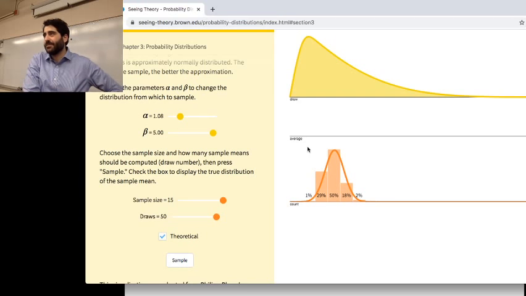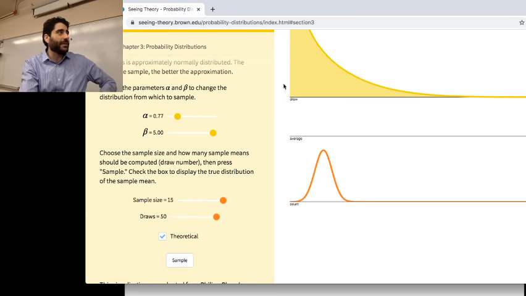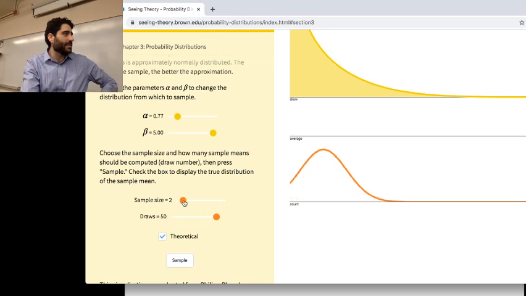That assumption is a pretty general one. It doesn't matter that much what the population distribution is; usually the sampling distribution of the mean is going to be normal. Really, the only time this assumption is going to break is if the population is very non-normal and our sample size is really tiny.